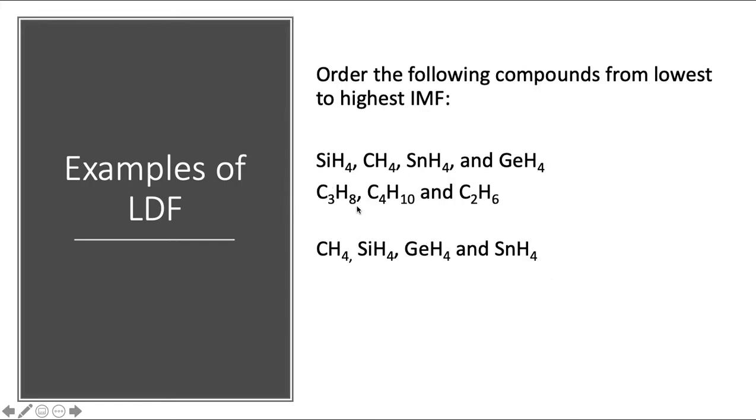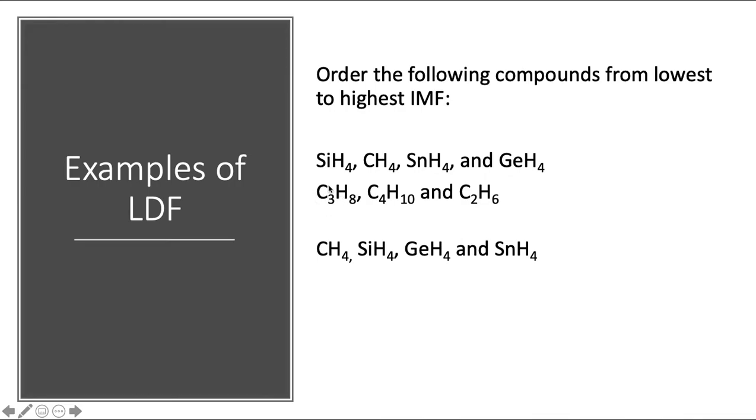We have C3H8, C4H10, and C2H6. So this has two carbons and each is bonded to three hydrogens. This has four carbons in a row, and this has three carbons in a row. As you can see, they're all three made of the same type of elements.